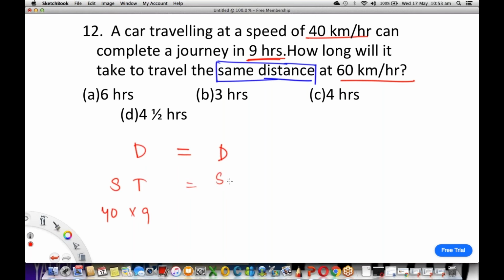Distance in the second case is also speed into time, that is 60 into something, that x I need to calculate. 40 times 9 is 360. 60 times something should be equal to 360. That will obviously be 60 times 6 equals 360. Or you can go for further simplification.